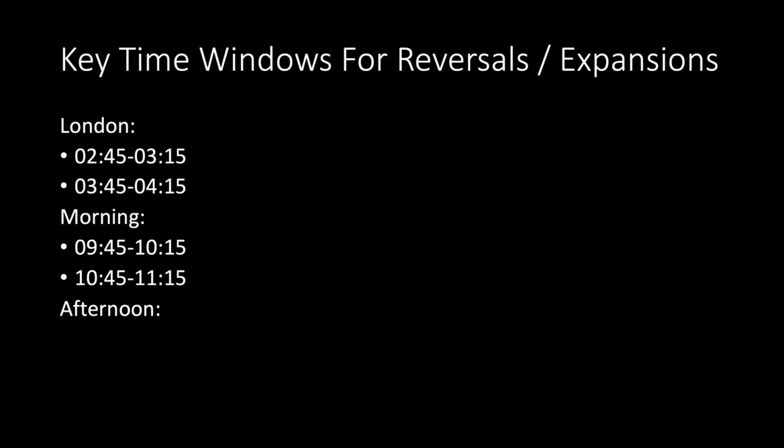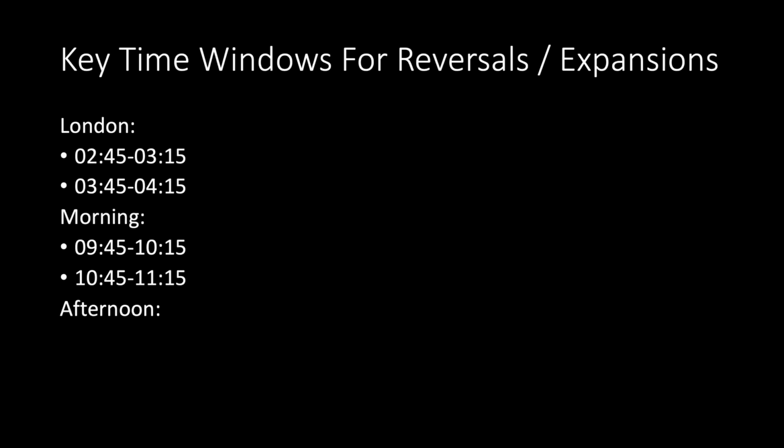Because if the market is not showing a willingness to continue to expand during these time windows, or at least begin an expansion during these time windows, then it's a warning sign. That means, okay, we might be wrong with our whole thesis for now, and therefore we might need to cut our trades.